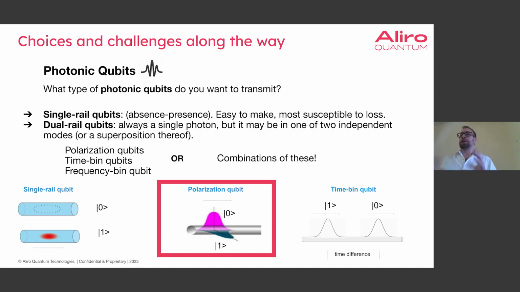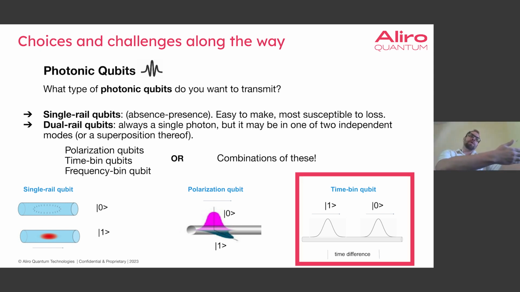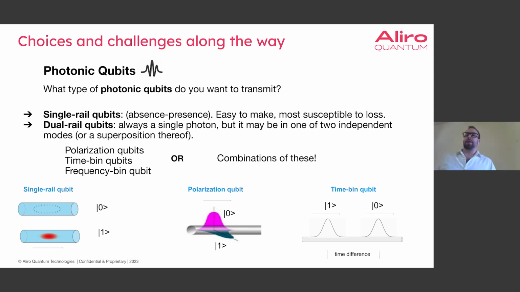You can also use any other degree of freedom, like where that pulse or that photon actually is, right? So say that you have two pulses coming down, or a superposition of a photon being here and being here. That's called a time-bin qubit, because if your pulse arrives early, then it's a 0. If it arrives later, it's a 1. And you can also do this with frequency or combinations of these things, right?